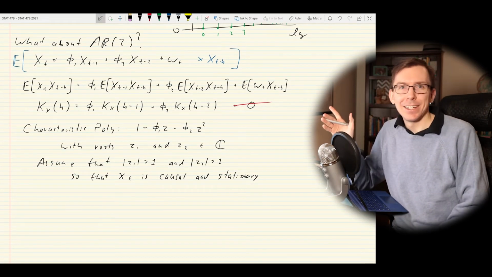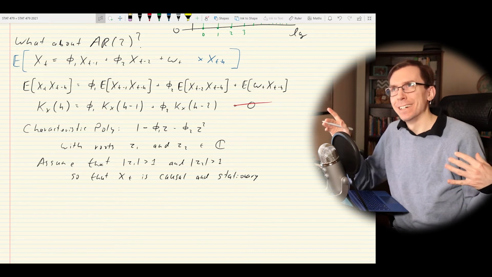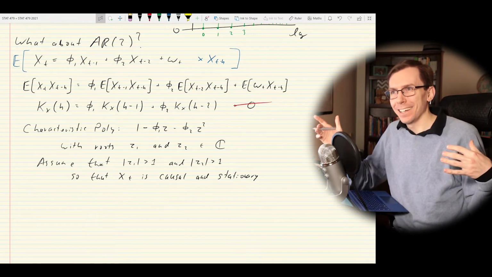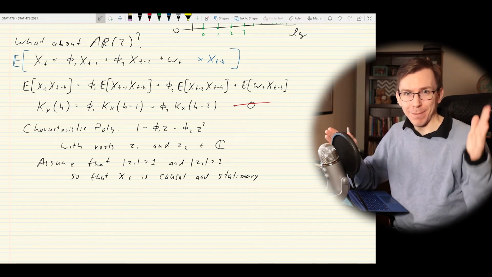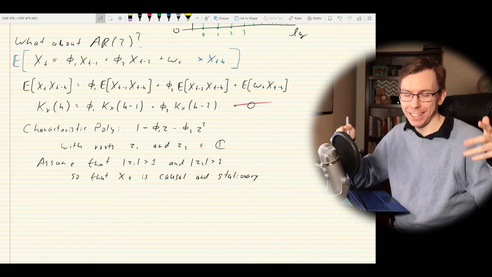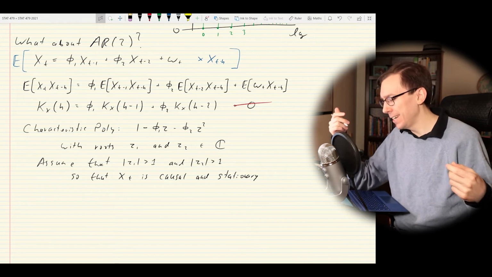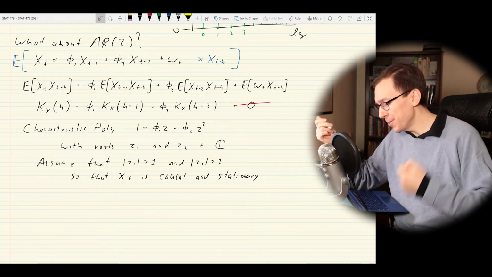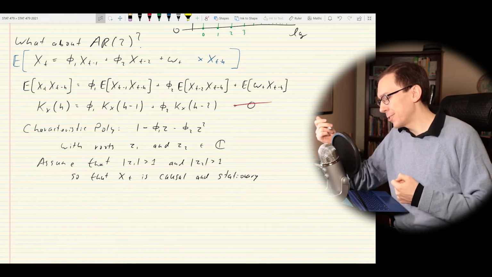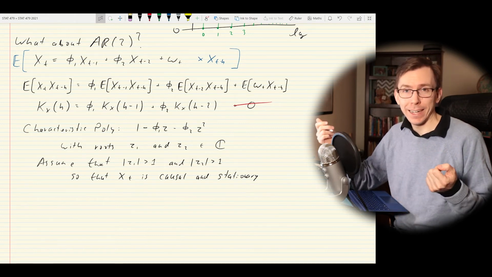So again, I didn't have specific values. It's really easy in the AR1 case. We just say we need phi to be between -1 and +1 to have a causal stationary process. For an AR2 model, it's not as straightforward what phi1 and phi2 should be.